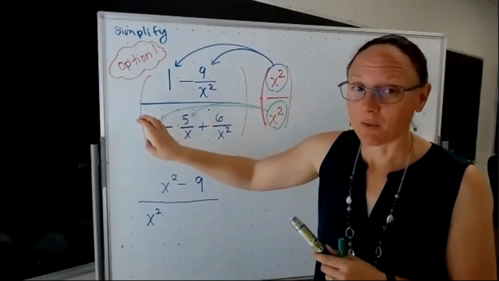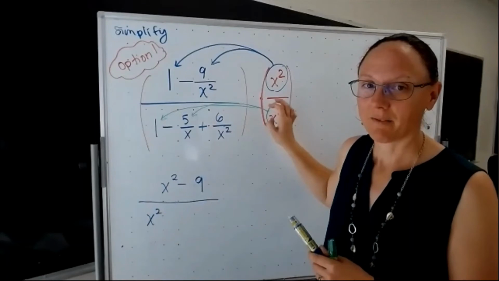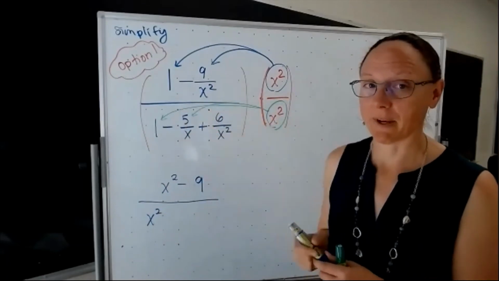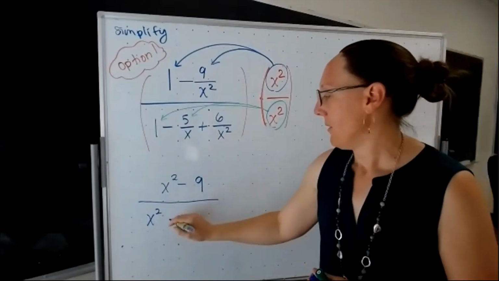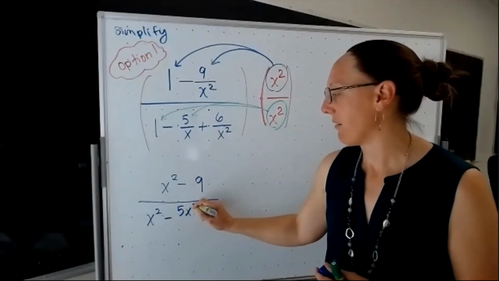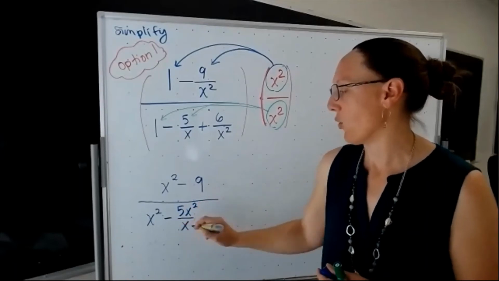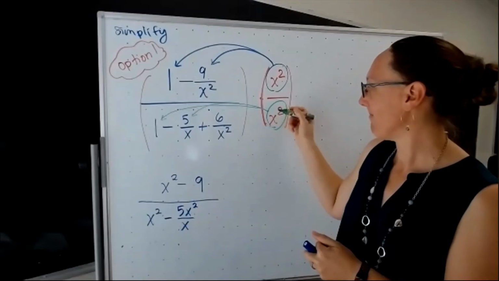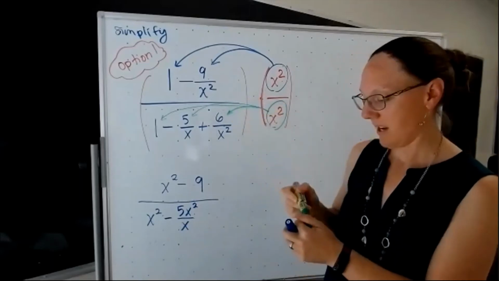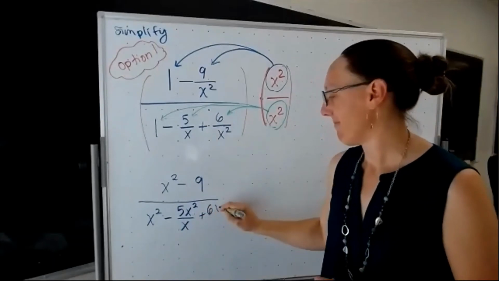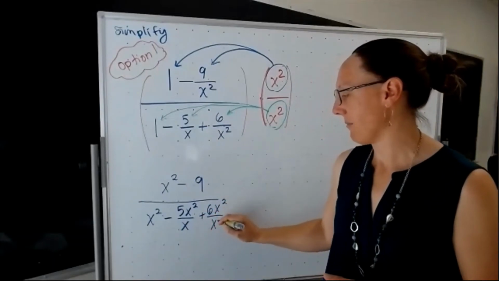So x squared times 1 would give me x squared. On this next term, I'm going to have x squared times 5 divided by x. And I'm just going to write that out. So I'd have 5x squared over x. And when I distribute here, I'd end up with 6x squared divided by x squared.